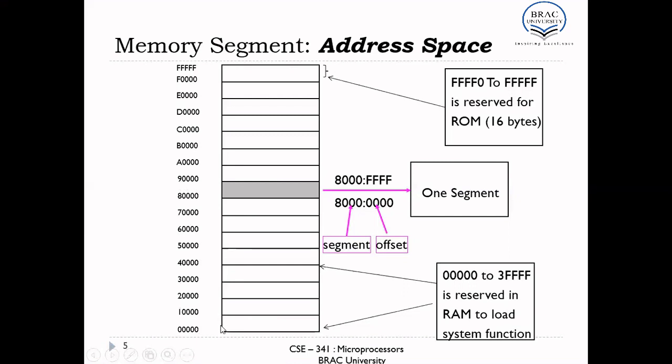Here, 64 kilobytes of memory space. Here is also 50000 to 60000. There is also 64 kilobytes of memory space. Okay. So we all know now, for each segment, there will be a starting address and there will be 64 kilobyte consecutive memory locations within each segment.